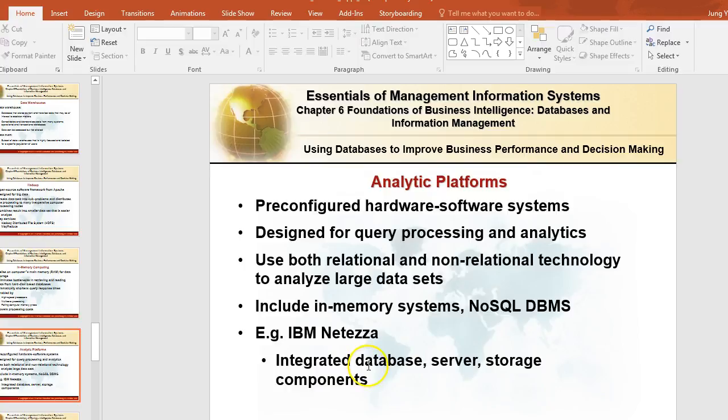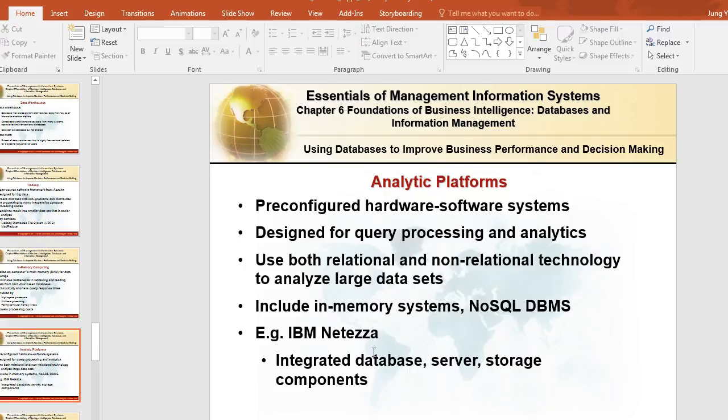And the data analytical platform is a combination of hardware and software systems, mainly designed for query processing and business analytics. We use relational and non-relational databases, and we also have an in-memory system plus NoSQL DBMS included.